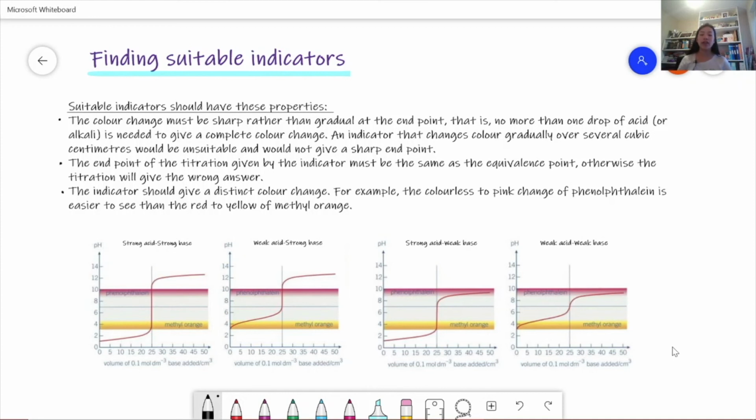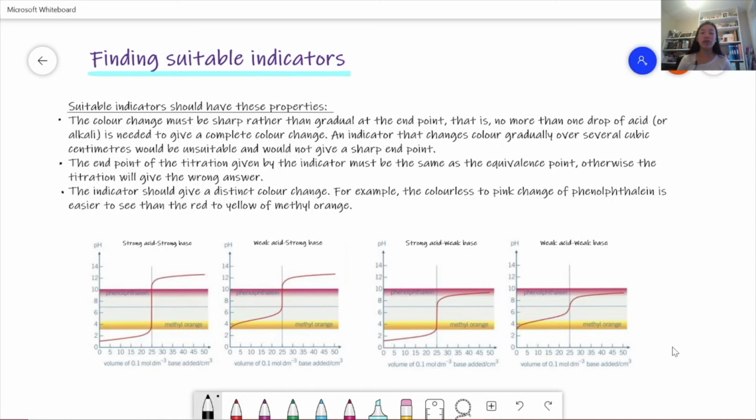So now looking back at the four curves that we have, starting with the first one where we have a strong acid and a strong base, you can see that both of these indicators are suitable because they both change color where the sharp increase in pH is, so where the equivalence point is at 25 centimeters cubed.